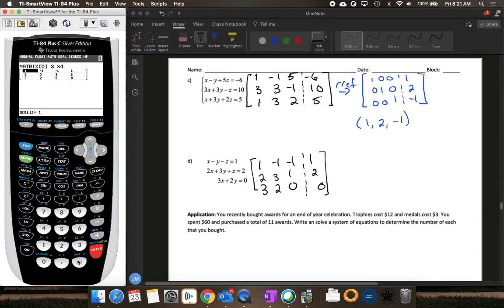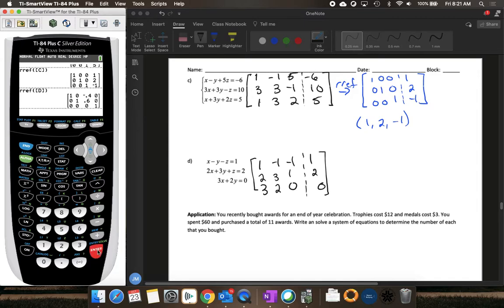Okay, so then double checking, looking it over, 1, negative 1, negative 1, 1, 2, 3, 1, 2, 3, 2, 0, 0 looks great. So again, we'll quit out of that screen, back to the matrix menu to find RREF, back into the matrix menu once again to select the matrix that we'd like to use, which is the 4th one, and then we'll close our parentheses and press enter.